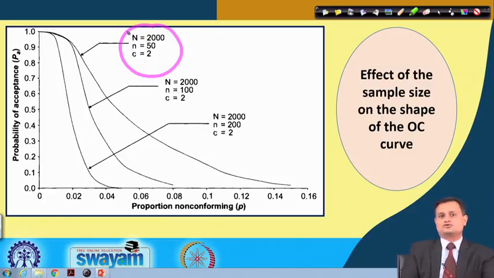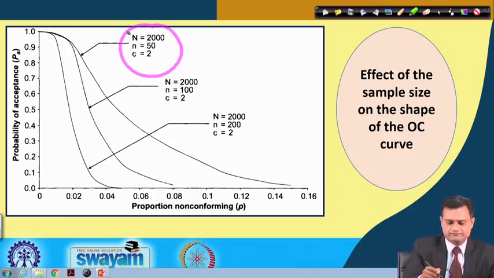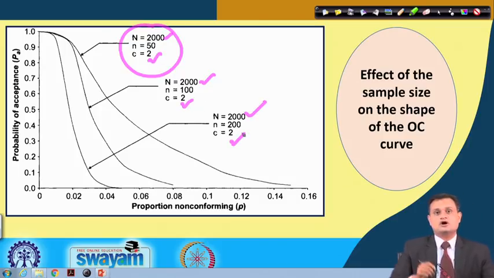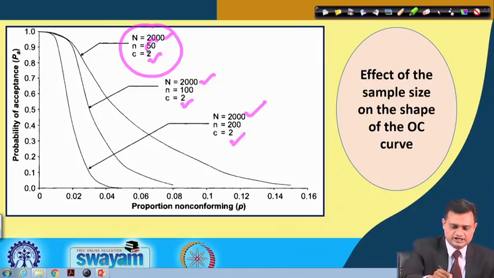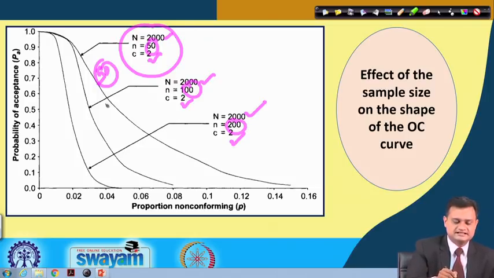So I have a lot of 2000, a sample size of 50, an acceptance number of 2. I am keeping capital N and c constant, and just changing the value of sample size. You will see that for sample size 50 it is this one, for 100 it is this one, and for 200 it is this one.